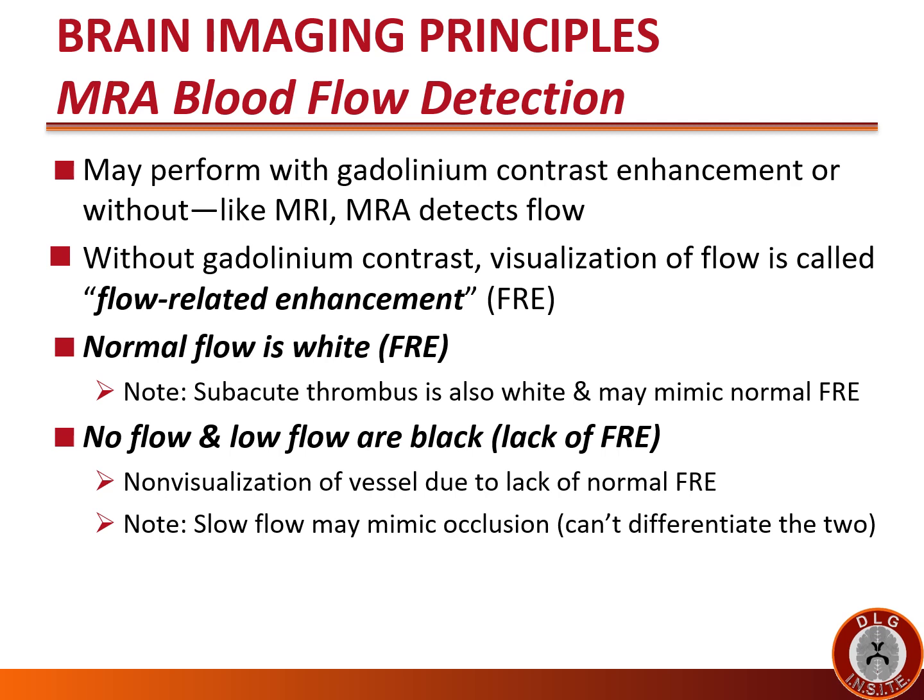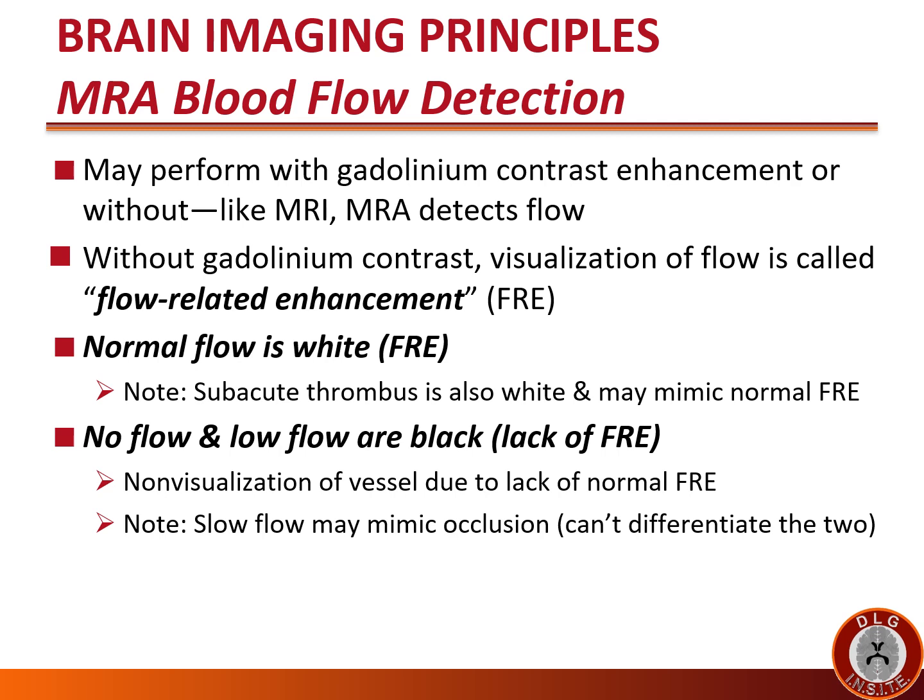One may perform MRA or MR angiography with gadolinium contrast enhancement or without. And like MRI, MRA detects flow. Without gadolinium contrast, visualization of flow is called flow-related enhancement, or FRE. Normal flow is white. We call that flow-related enhancement.